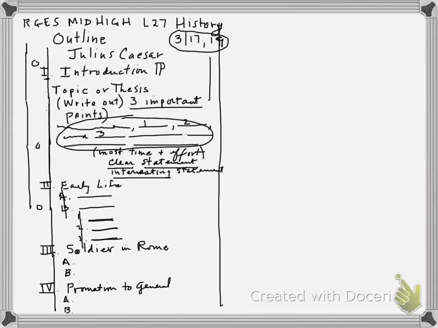Each topic is expanded on, and you use first a Roman numeral, then capital A, capital B, and then subpoints 1, 2, and 3. And that's usually about as detailed as you get in this type of outline.